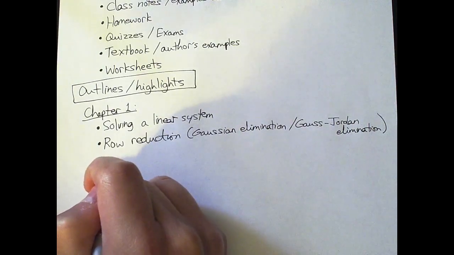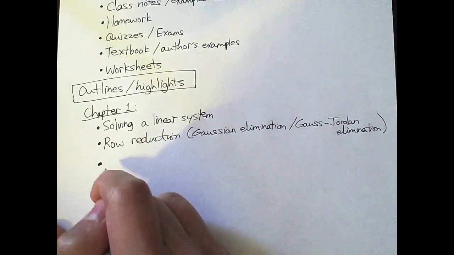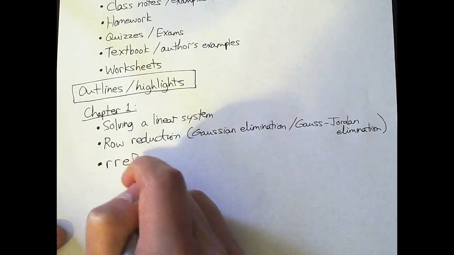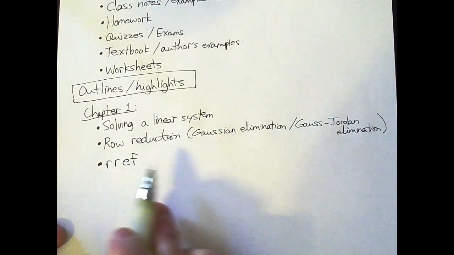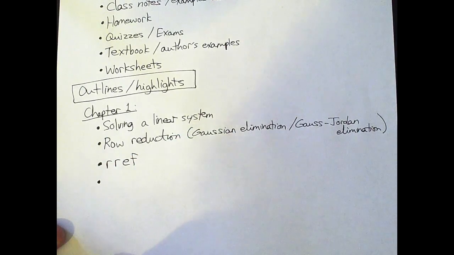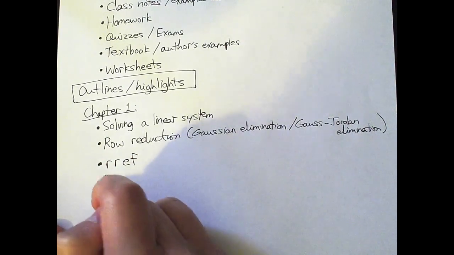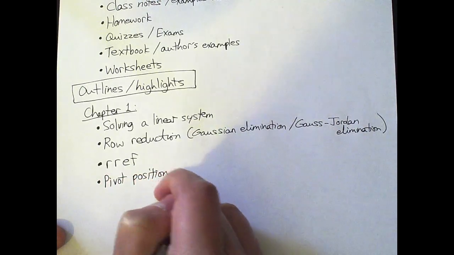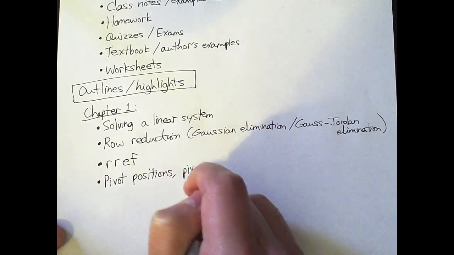We learned about reduced row echelon form, which I'll just write as RREF. That's the result of Gauss-Jordan elimination. We learned about pivot positions and pivot columns.